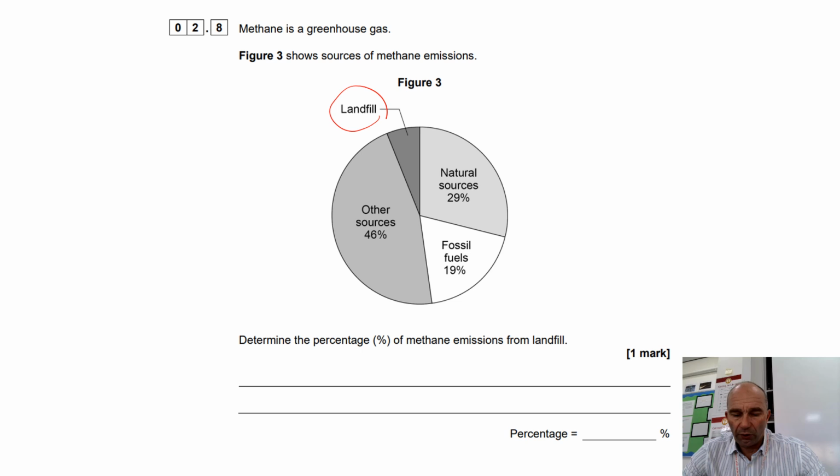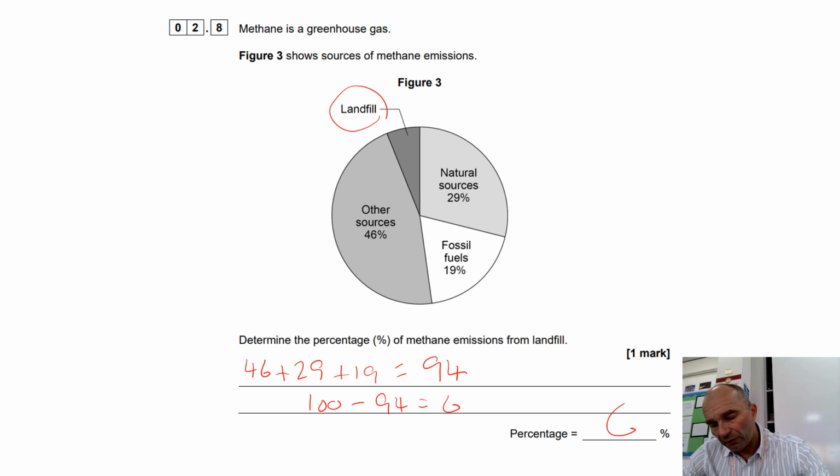Now, this is just working on the idea, do you know that this should all add up to 100%. So if you do 46 plus 29 plus 19, that should give you 94%. The landfill makes up the rest, so it's 100 minus 94 gives us 6%. So again, another kind of maths question squeezed in there.